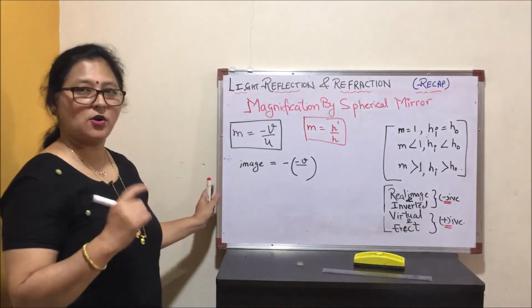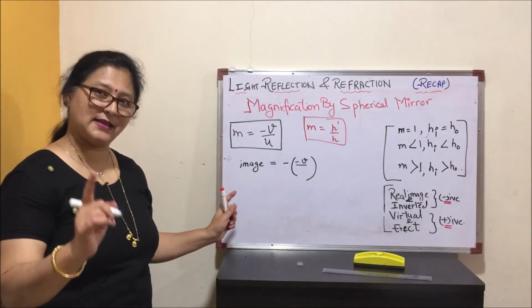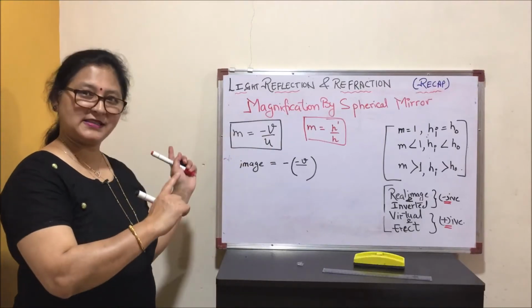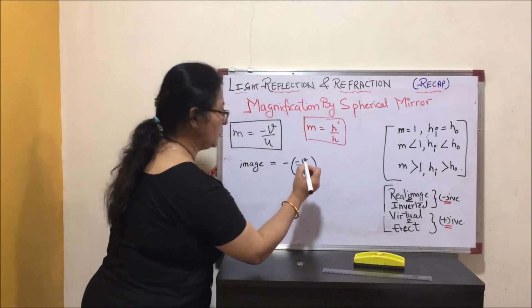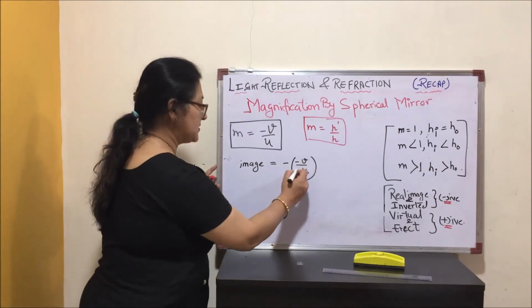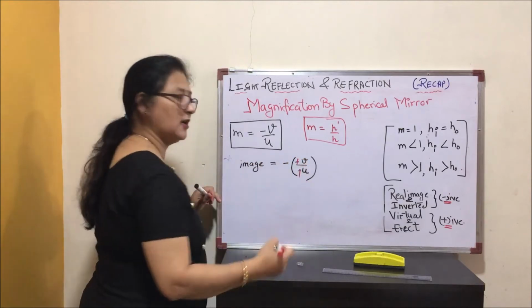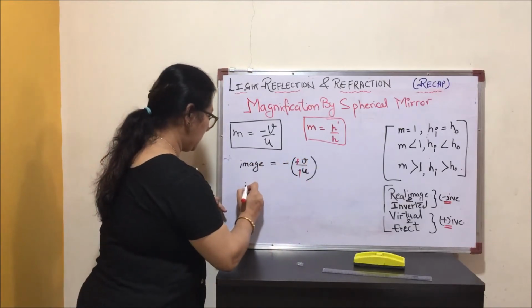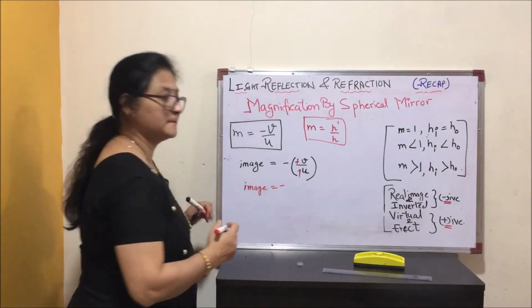What is the object distance? Object distance is always negative. Object is always placed in front of a mirror, so that will always be negative. So minus u. Clear? This minus and this minus will cancel out. So ultimately what we are getting is an image which is negative.